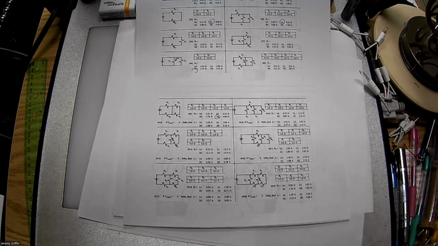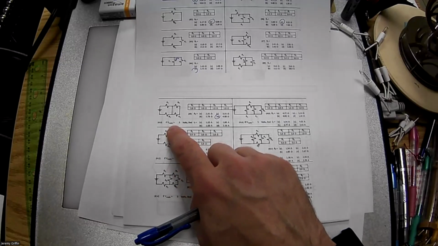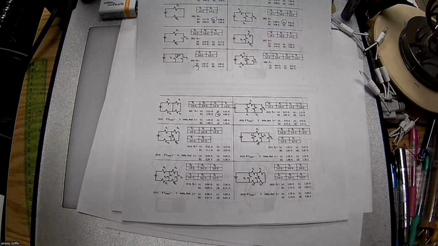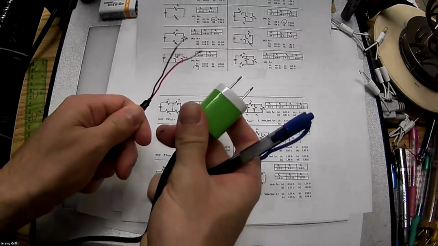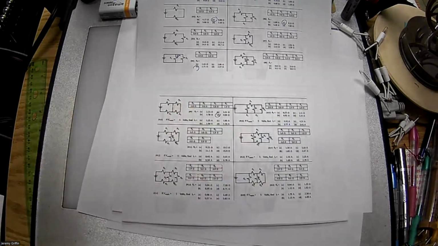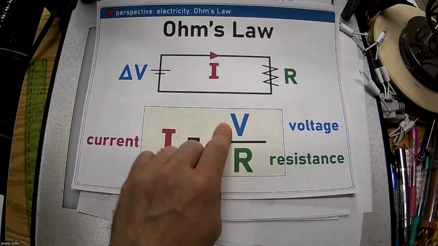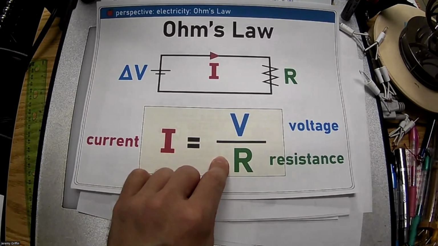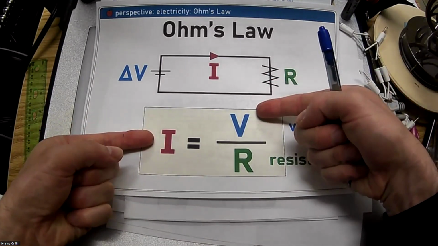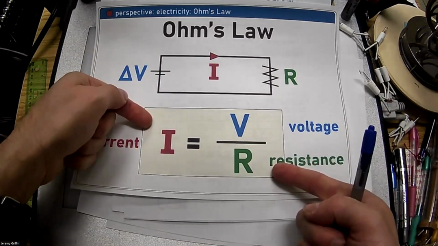Okay. Now here's the first follow-up question related to the circuit. Now I'm giving you a voltage. I'm saying 5 volts. That's the cell phone charger that you guys are going to get on Thursday for the lab. 5 volts DC. So given 5 volts acting on the resistance you just solved, what's the current that flows? Well, the current is directly proportional to the voltage and inversely proportional to the resistance.